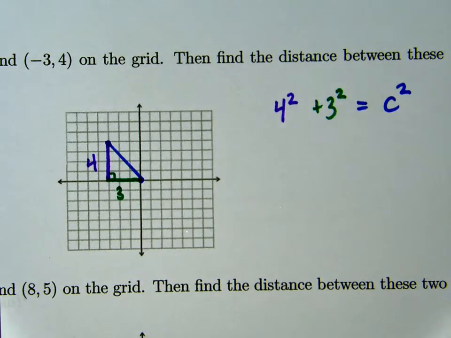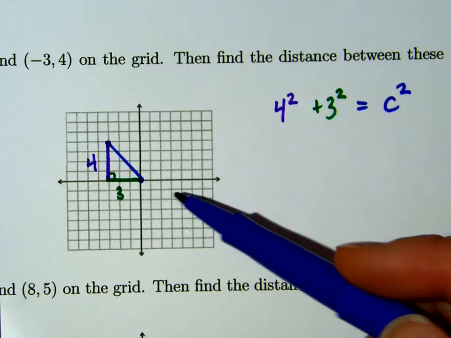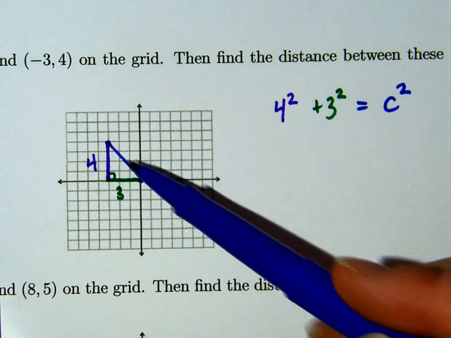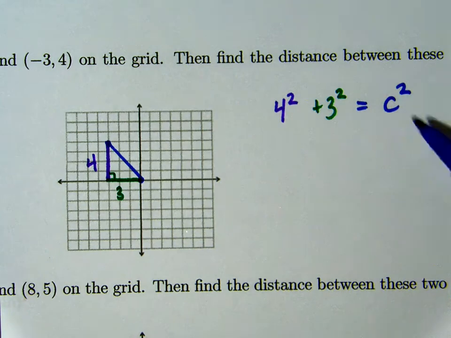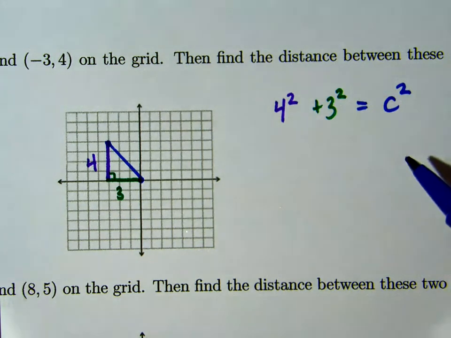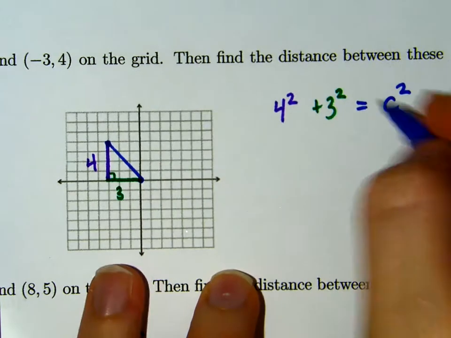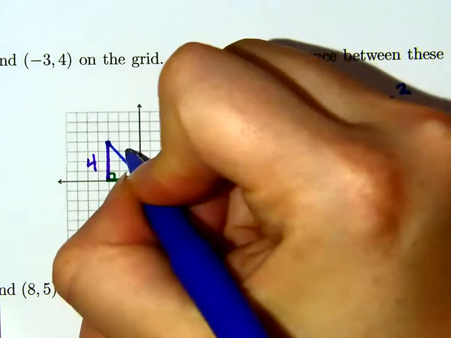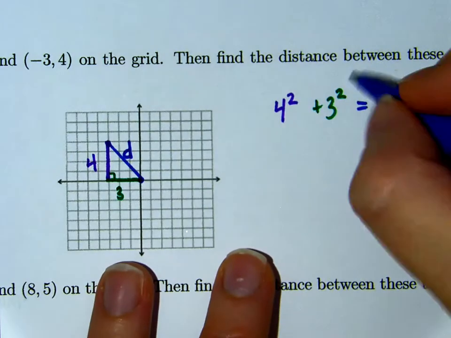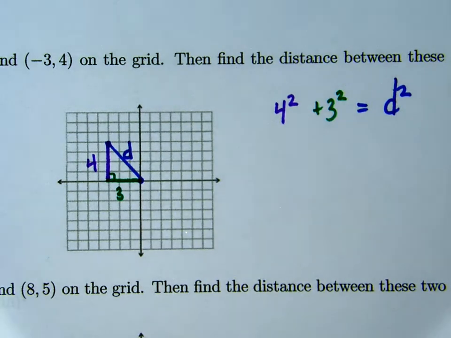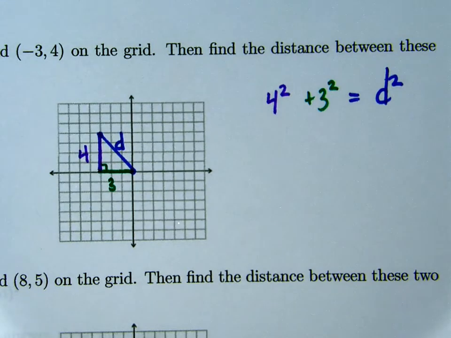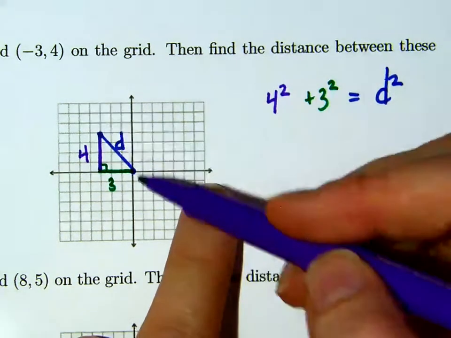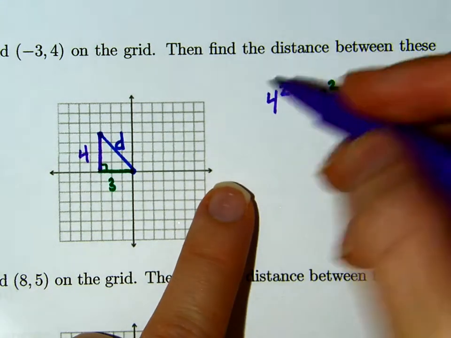And now all of a sudden, since we're on a grid, and I didn't necessarily say that it was C, and the C was kind of for triangles floating in space, very vague. I'm going to call this D because it says find the distance between these points. So I'm actually going to call this D for distance, and that means I just changed the name of that variable there. We've done this a lot, change the names of variables to go with what we want them to be understood as. So I'm going to call that longest side D for the distance I want.